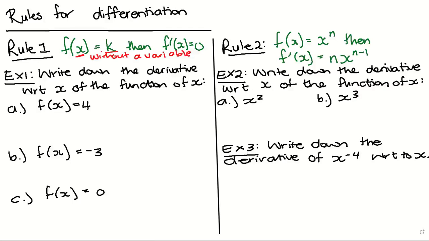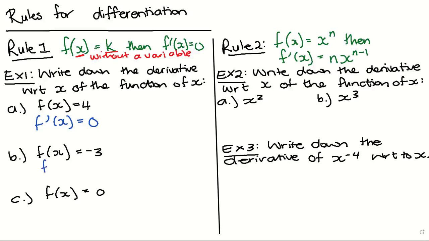Well, if we find the derivative of a constant, it's going to equal 0. So write down the derivative with regards to x of the function of x. If I want to write down the derivative of this, I can just write f dash x is equal to 0. The derivative of a constant is always going to equal 0 because we're not using the variable.